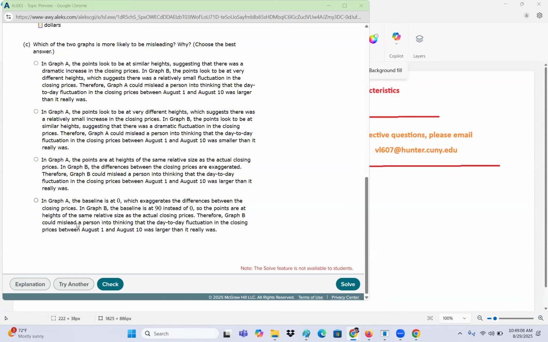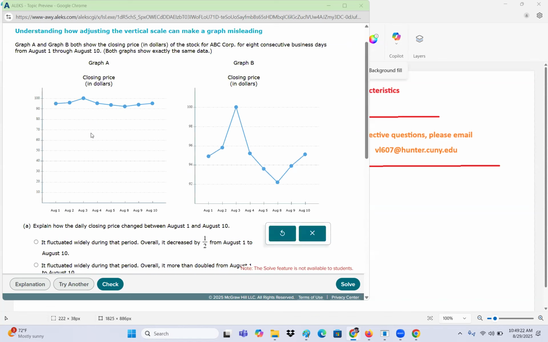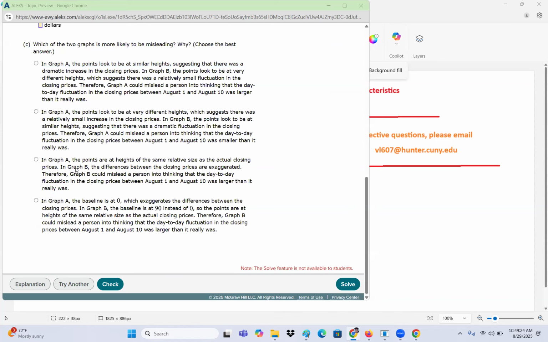Graph B could mislead the person. You have to answer those questions when the difference was larger and it's really worse, right? So graph A is a good graph, so obviously the answer has to be B, C or D. It's okay.